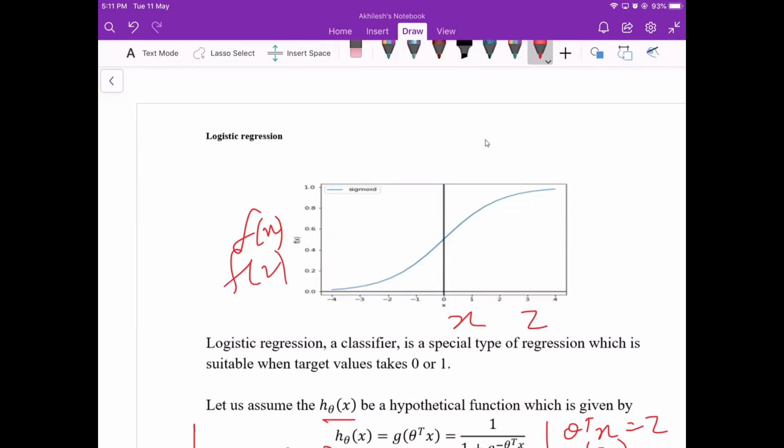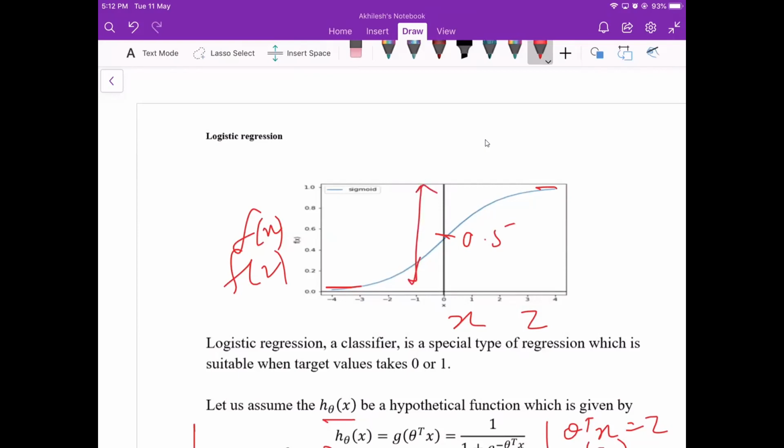You can see that when the value of z is much lower or much higher, the sigmoid function becomes parallel to the x-axis. This point is 0.5. This value ranges from 0 to 1.